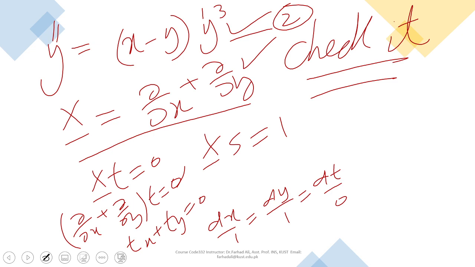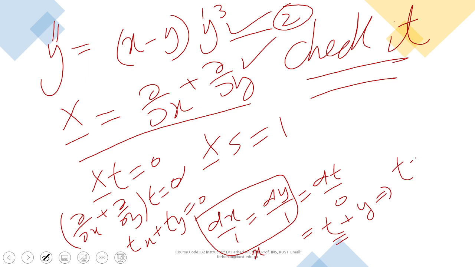So this gives me x is equal to y plus some constant, and that constant is t. So that means t is x minus y. This is my t.